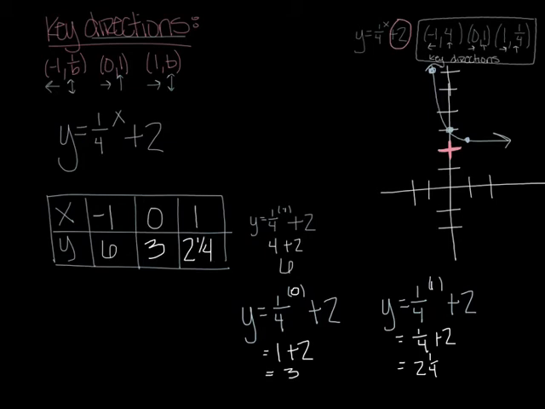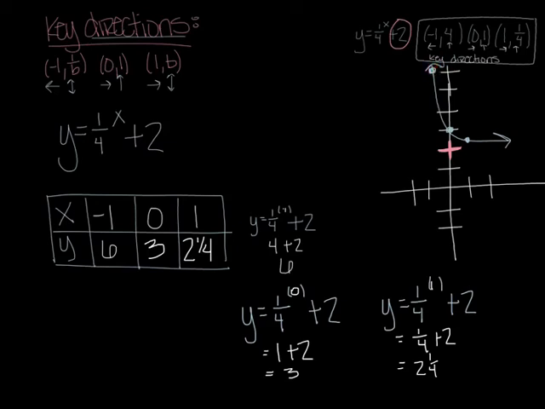All right, let's see if these points that we just found are on this graph. Okay, so let's look at the first coordinate pair. When x is -1, y is 6. 1, 2, 3, 4, 5, 6.